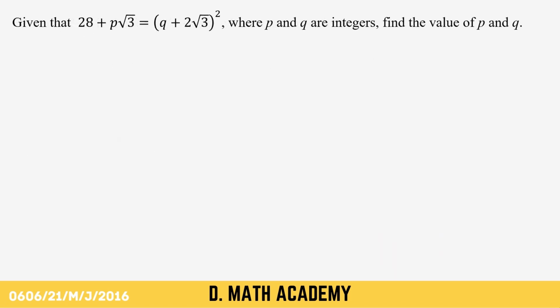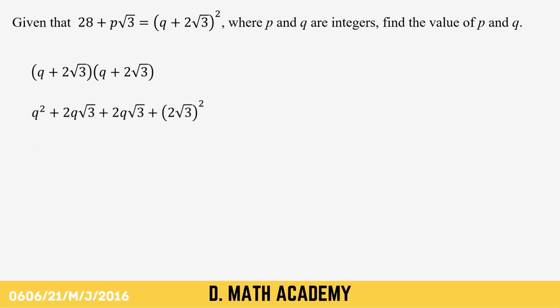Moving on, given that 28 plus p square root 3 equals bracket q plus 2 square root 3 bracket squared. I first expand q plus 2 square root 3 squared. After the rearrangement, I get q squared plus 4q square root 3 plus 12.